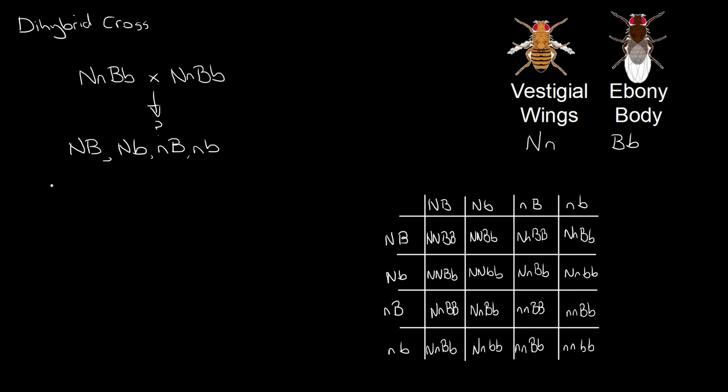So if we look at the genotypes possible, we have the following possible genotypes. So big N, homozygous for normal wings, homozygous for normal body colour. We can have homozygous for normal wings, heterozygous for body colour.